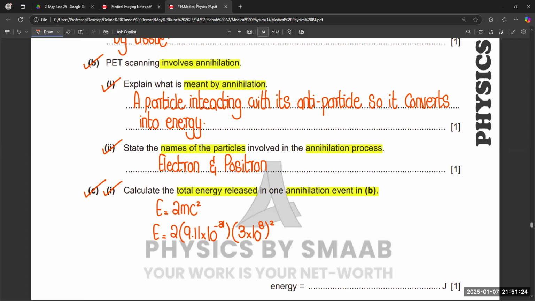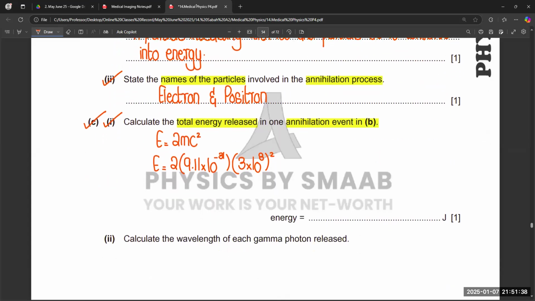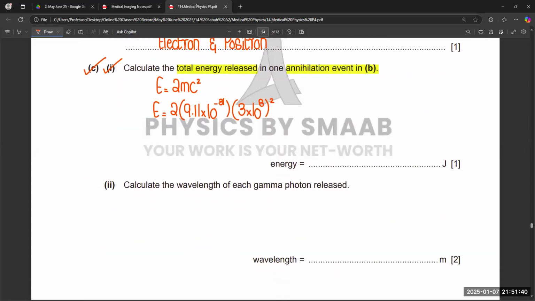So it will give you the final answer. Okay. And the mass which we use is the change in mass, right? Yes.